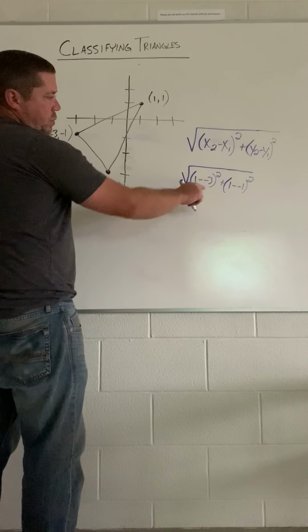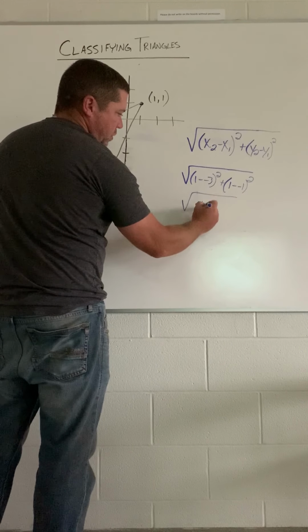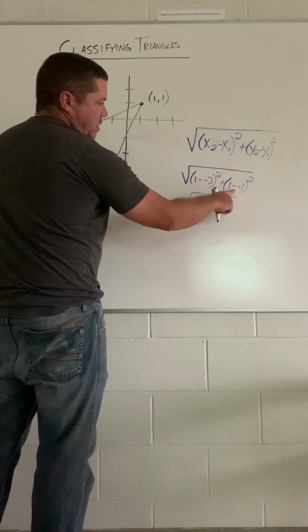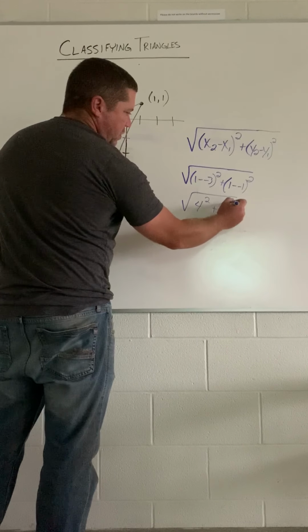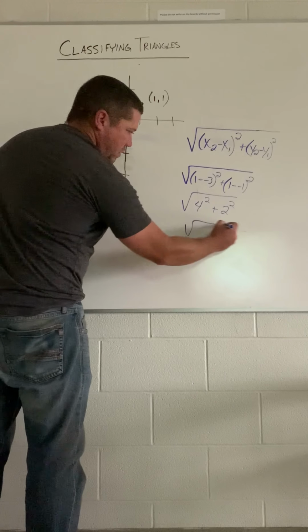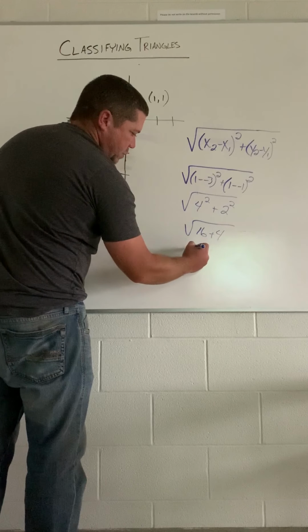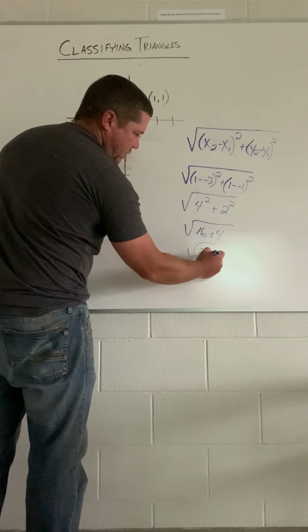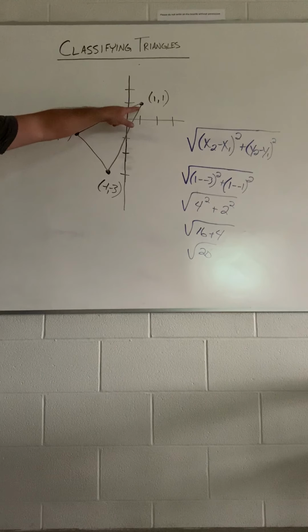That turns into 1 plus 3, which is 4. That turns into 1 plus 1, which is 2. That's 16 plus 4 gives me the square root of 20. So this side length would be the square root of 20.